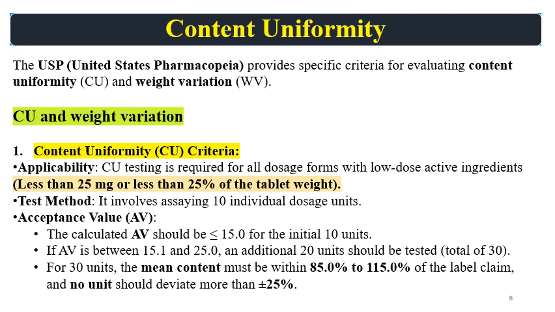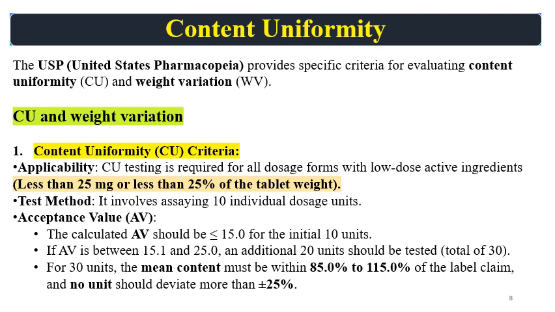CU testing is required for all dosage forms with low dose active ingredients. And when can you say that the CU testing by HPLC or UV is required, and what is the definition for low dose formulations? So USP gives an idea about this.